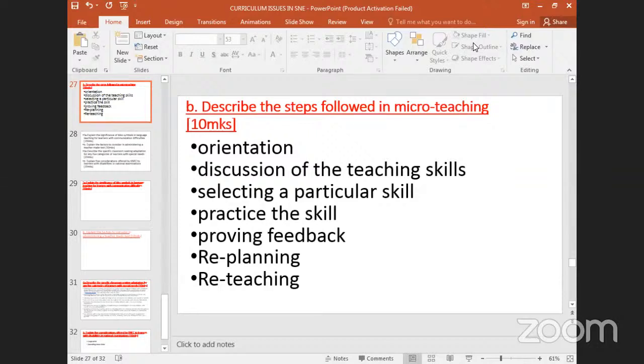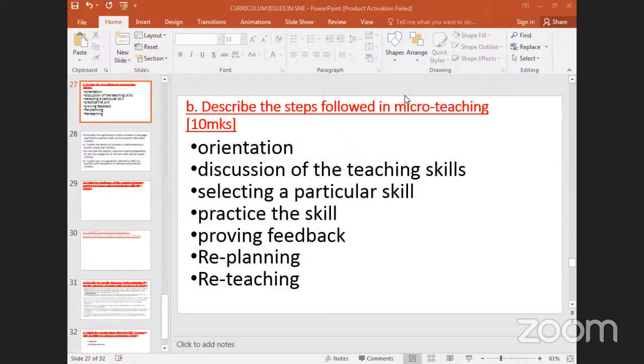After that, there is going to be the discussion of the teaching skills, where you will also have to select a particular skill that you are going to use. Then you will have to practice the skill during the micro teaching.